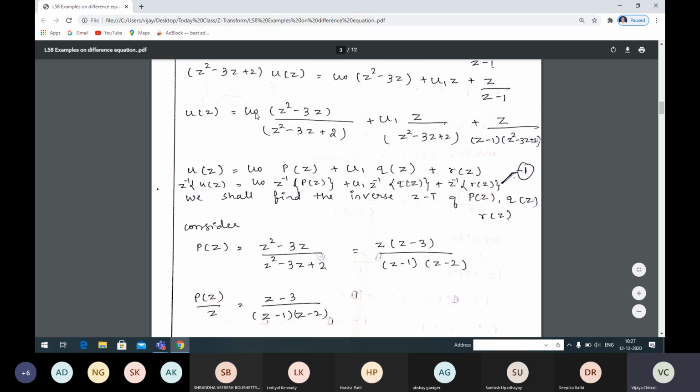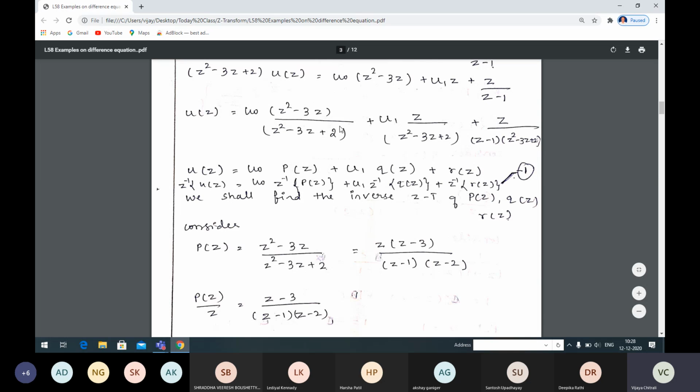So u naught times z square minus 3z divided by z square minus 3z plus 2, plus u1 z divided by z square minus 3z plus 2, and here also plus z divided by z minus 1 times z square minus 3z plus 2.